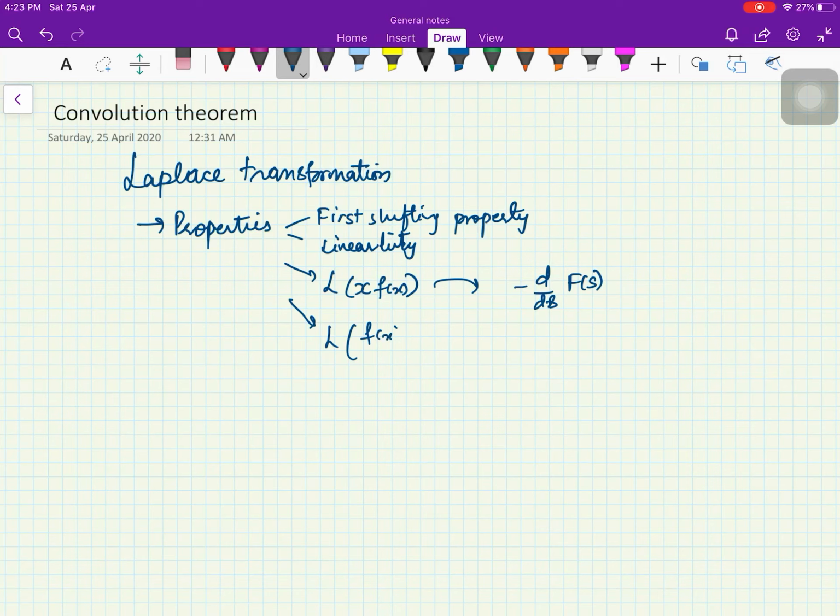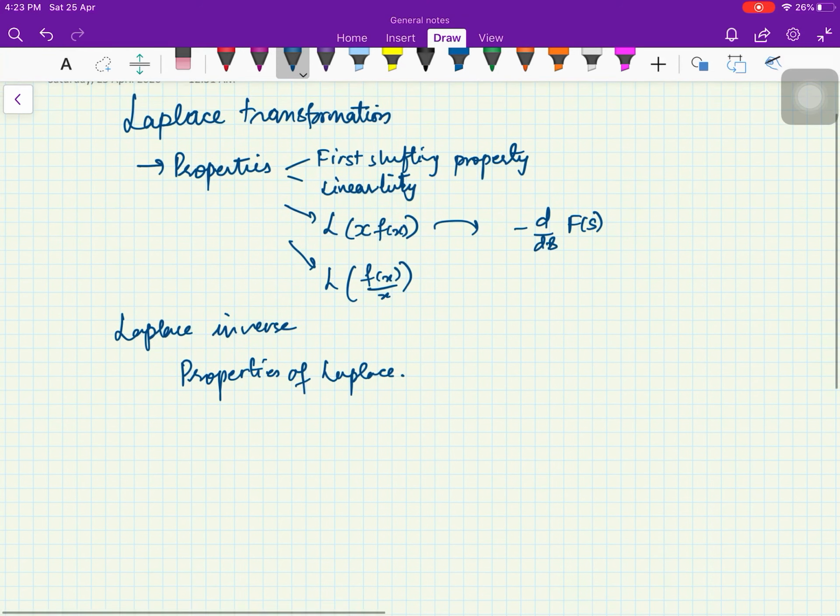Then we saw what the Laplace transform is if you divide by x, and so on. After that we had the Laplace inverse, and then we did properties of the Laplace inverse. So this is what we have done for Laplace transformation till now.